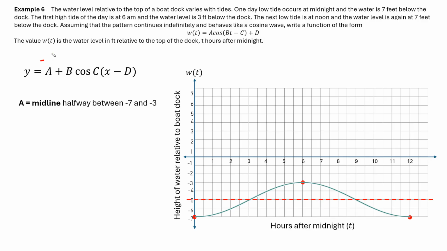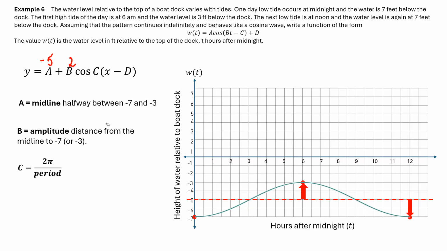So that is what we're going to put in for A. That will be -5. All right, then B is the amplitude, so the distance from the midline to the maximum or the minimum, either way. That is going to be just the distance from either -7 or -3 to the midline, which is -5, and that distance is 2. So that's going to be our amplitude.